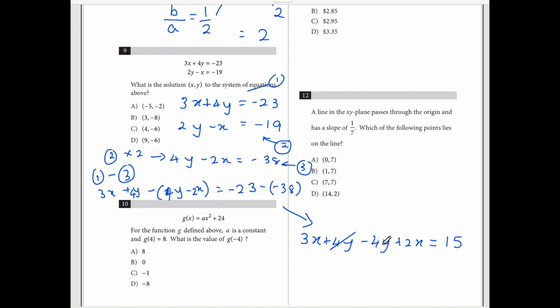We cancel out these two, and 5x equals 15, and then x equals 3. Is there any answer for this? Yeah. Then no need to calculate y.